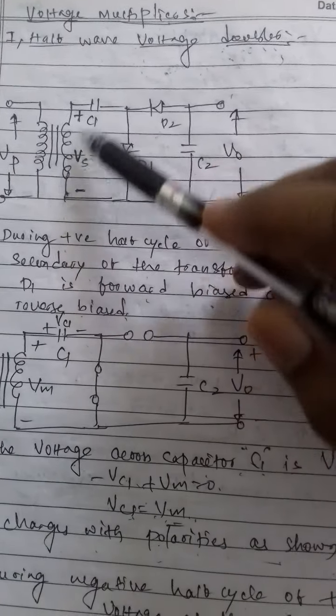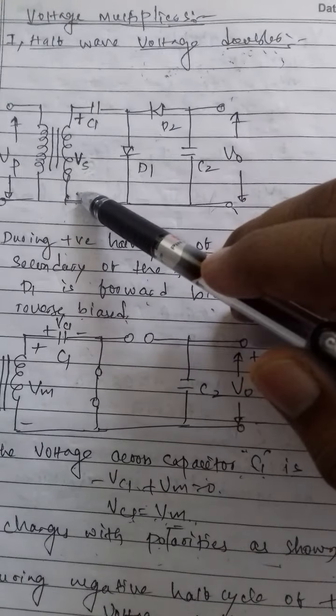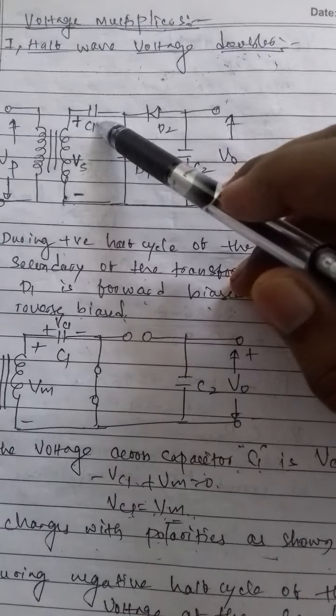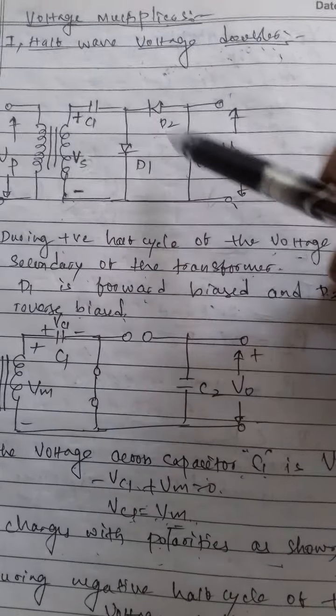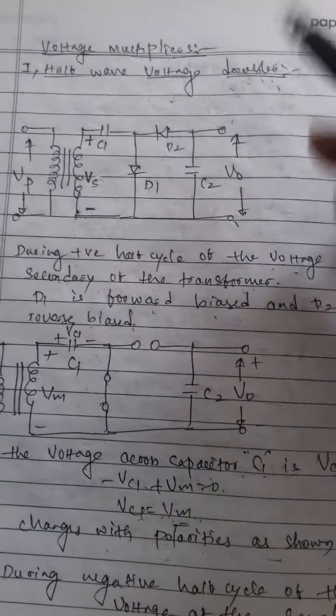At the secondary we will be getting the voltage. Here two capacitors are used, capacitor C1 and C2, and these are the two diodes.